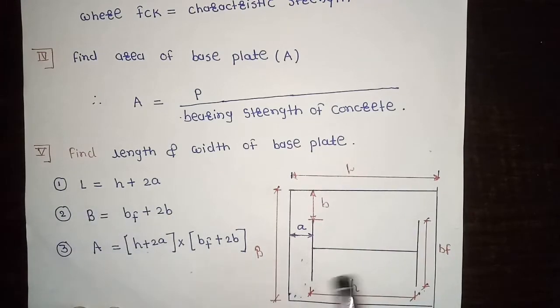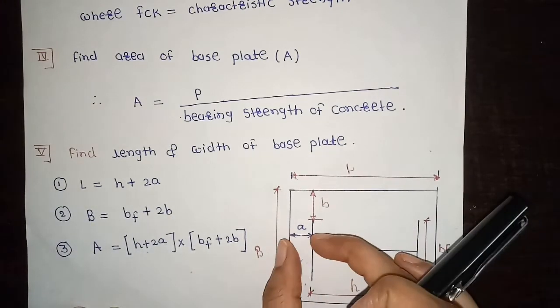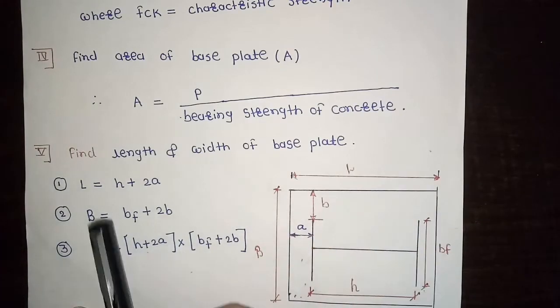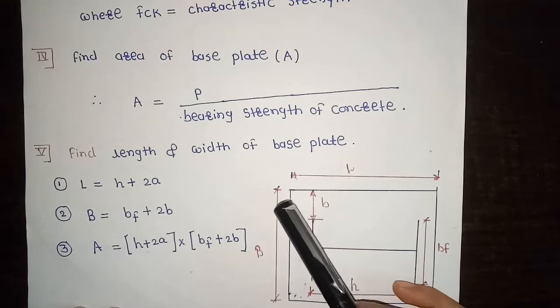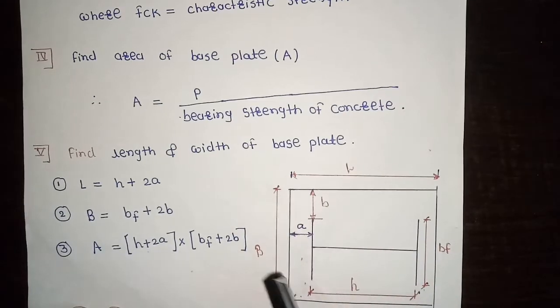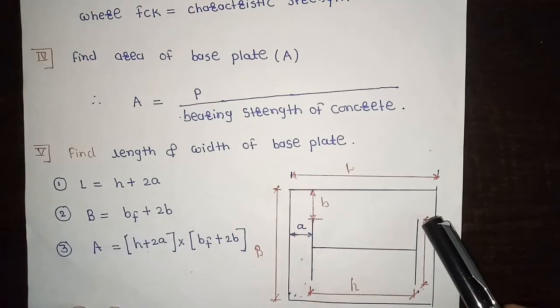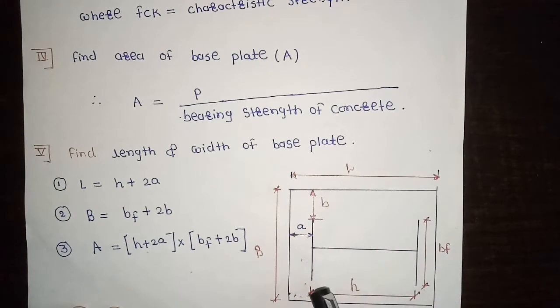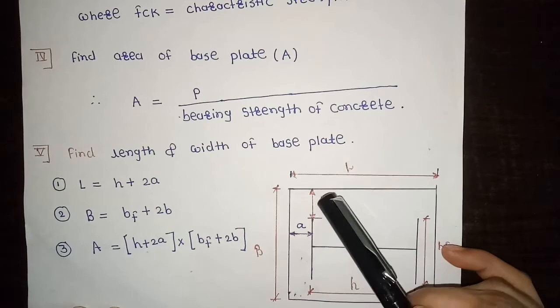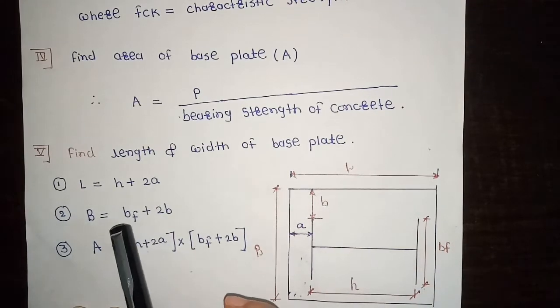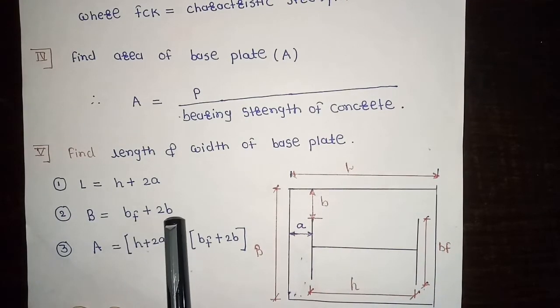So L is equal to H plus A plus A, means H plus 2A, and capital B is equal to BF, means width of flange, plus small b, this portion and this portion, b plus b, 2b. So BF plus 2b.